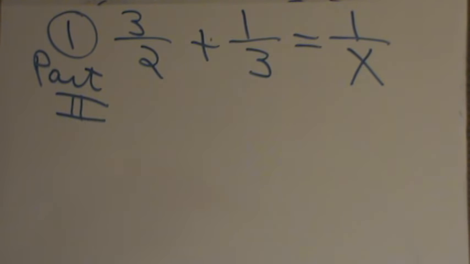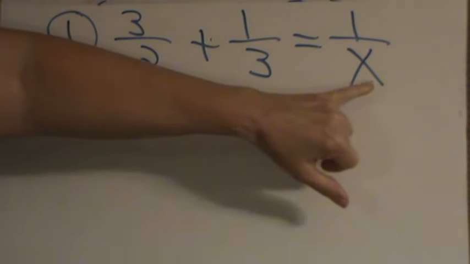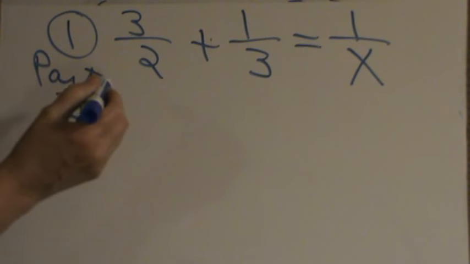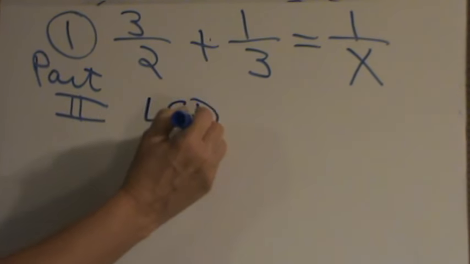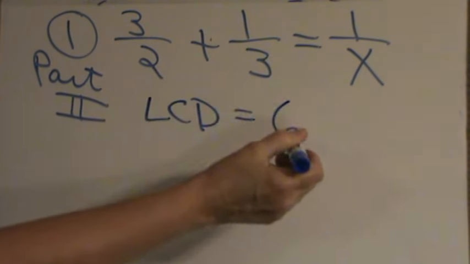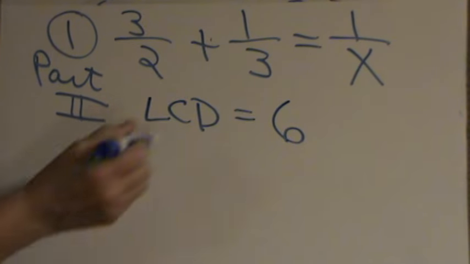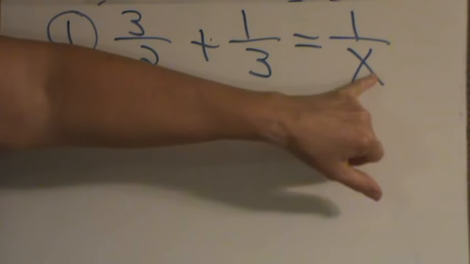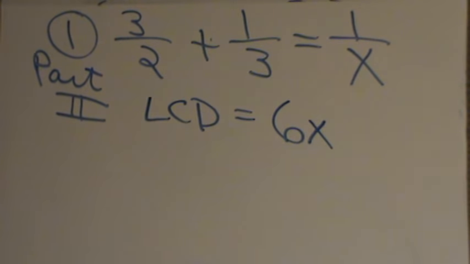The least common denominator is the smallest number that all three of these denominators will divide into. So the least common denominator is 6, because 2 goes into 6 and 3 goes into 6, but you also have to put an x there, because if you don't, this denominator would not divide into 6x.